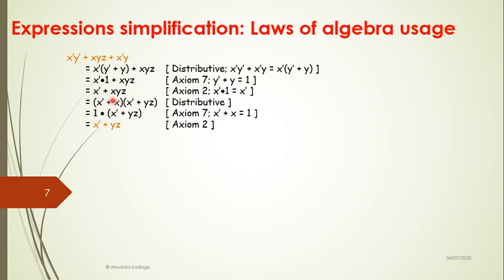So we find these two brackets due to the distribution law. Again, as in the earlier reduction, the original term ORed with its complement reduces to 1, and finally we are left with the expression x dash ORed with yz.